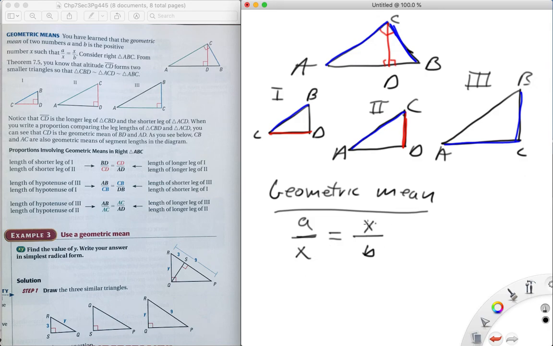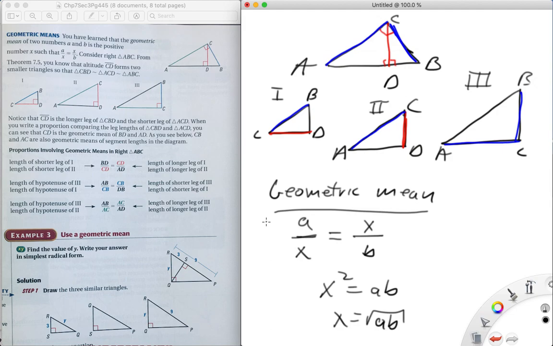So we would say that x is the geometric mean. When you solve for x, it's going to be x squared equals ab, and then x equals the square root of ab. With a lot of these, if you're looking for that geometric mean, it's going to be a square root of some number. This is a geometric mean.